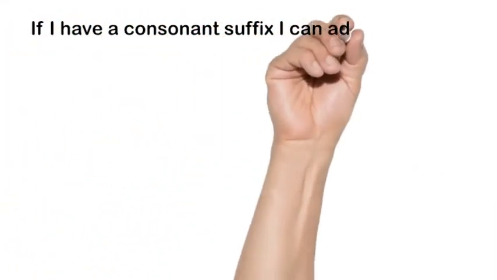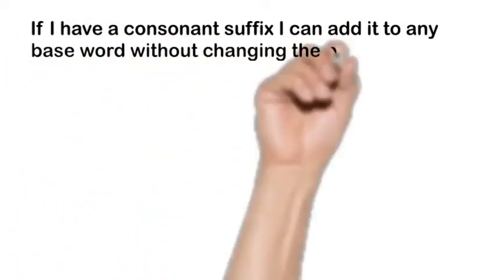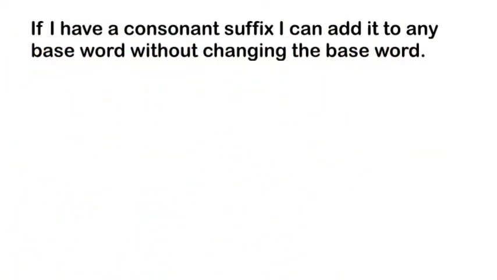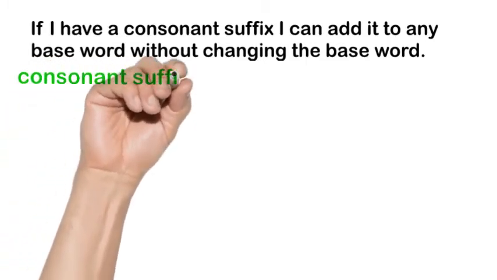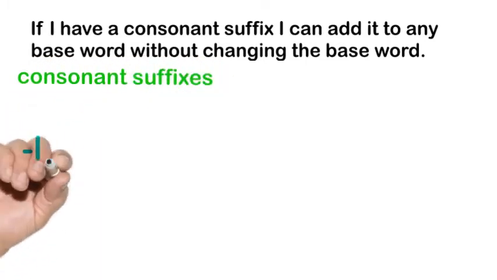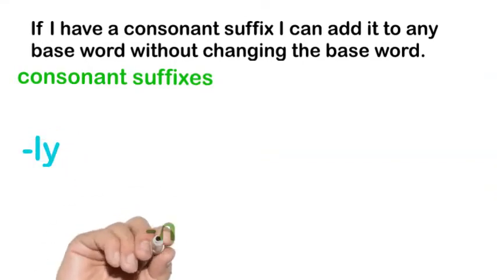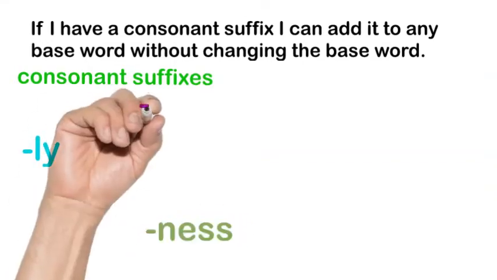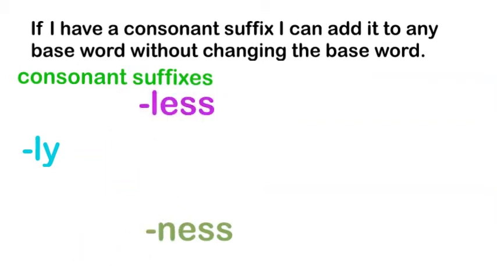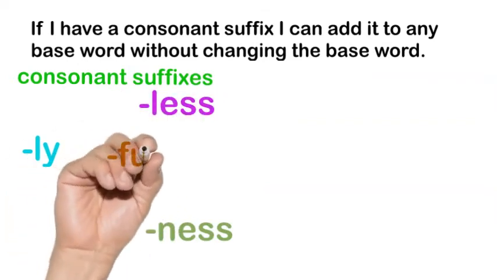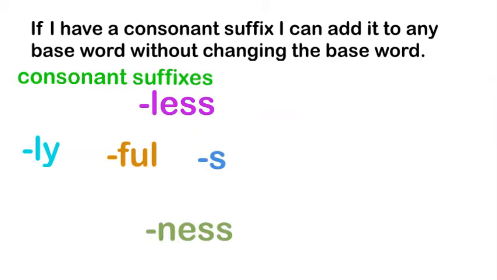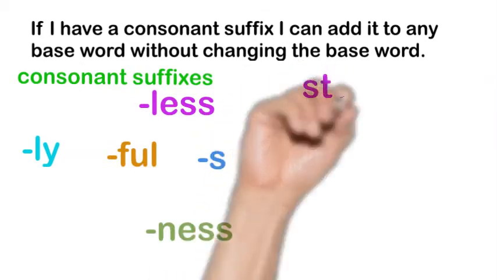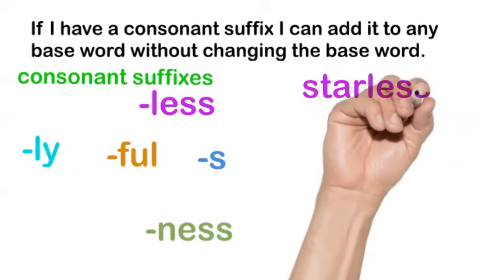Let's talk about consonant suffixes first. If I have a consonant suffix, I can always just add it to any base word without changing the base word at all. So, if I have a consonant suffix like ly, ness, less, ful, or s, or any other consonant suffix that starts with a consonant, I can just add it.